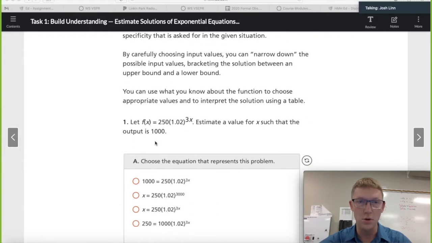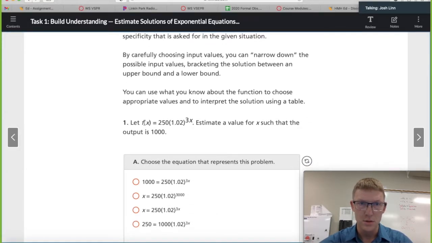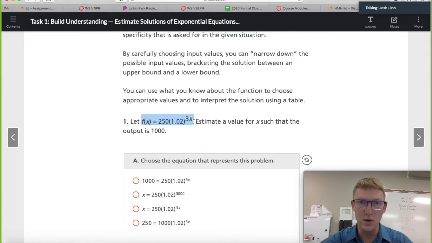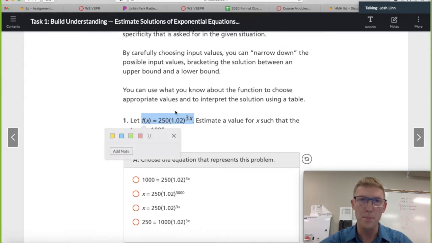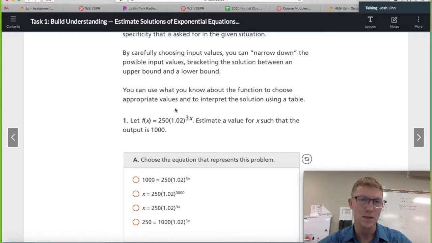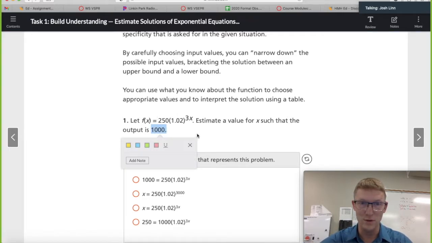So even our graphing calculators, we can graph this, but that's not really solving it. We want to know when the output is 1,000.